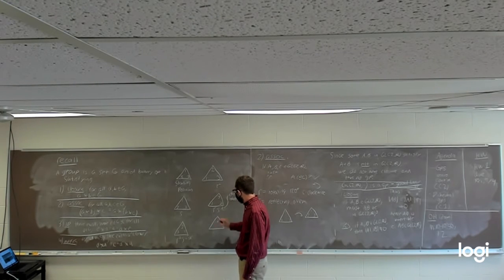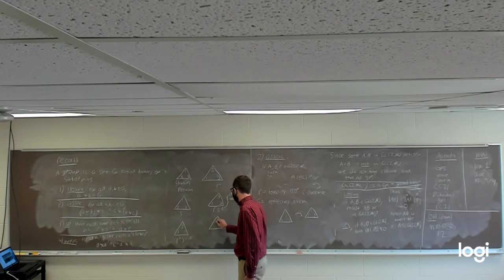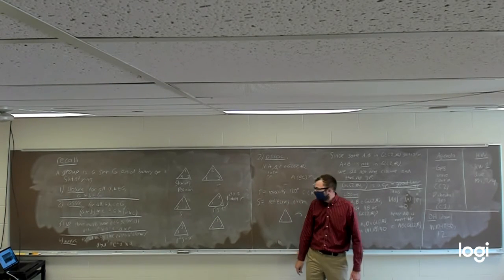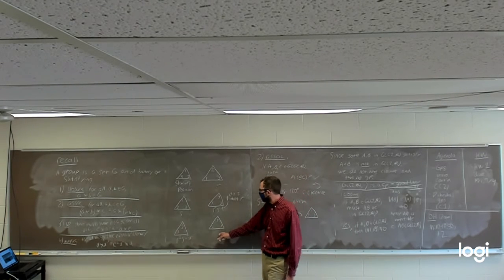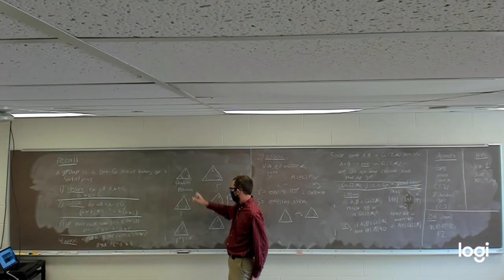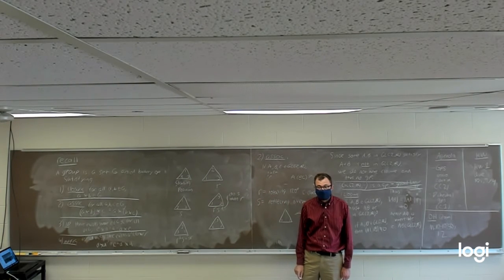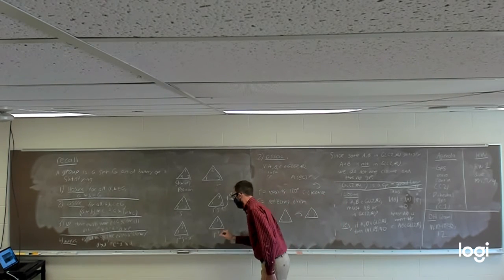And finally, I found one more. I guess it's the only possible configuration left. 1, 2. How could we go from our starting position and end up with this triangle? The single rotation?